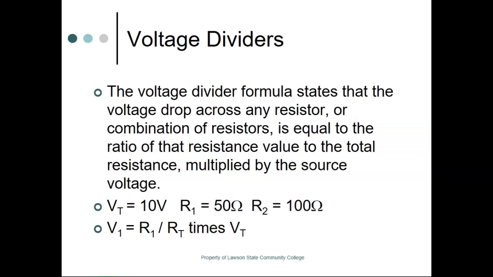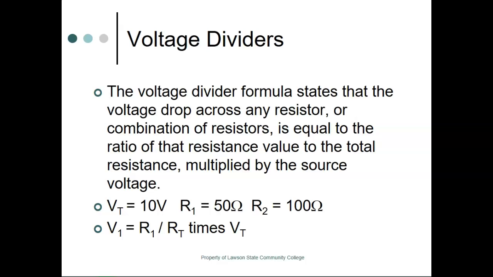So the basics of this is that the voltage divider rule: the voltage drop across any resistor or combination of resistors is equal to the ratio of the resistance value to total resistance multiplied by the source voltage. So in this case, they're looking for V1, but they don't have their current, and we're not sure if they've got all the resistors listed.